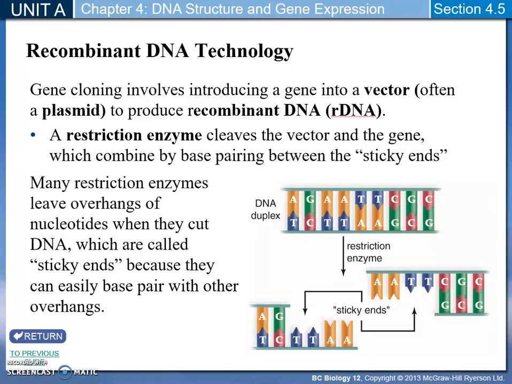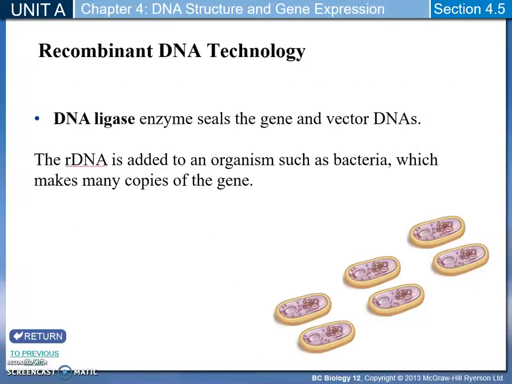Many restriction enzymes leave overhangs of nucleotides when they cut DNA, which are called sticky ends because they can easily base pair with other overhangs. And there are some diagrammatic representations of those. DNA ligase, that enzyme, then seals the gene and vector DNA. So the rDNA is then added to an organism such as bacteria, which makes many copies of the particular gene.